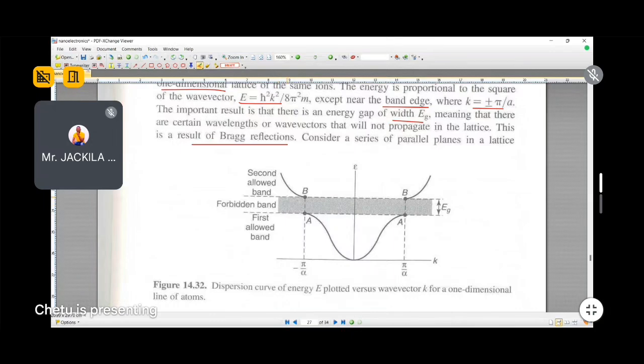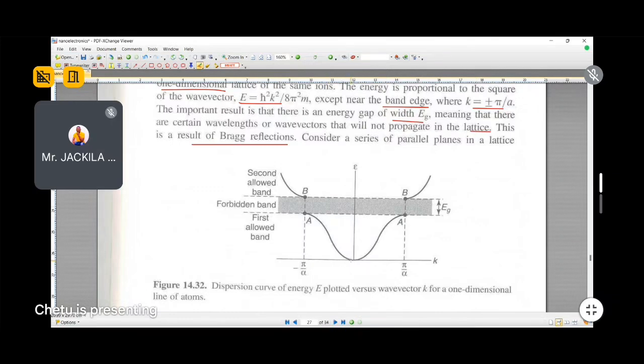Like in microwave communication, where you want to communicate with only certain frequencies, these frequencies can be selected using this kind of crystal. Certain wavelengths or wave vectors will not propagate in the lattice.